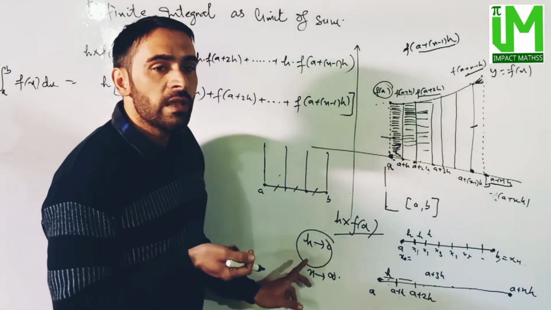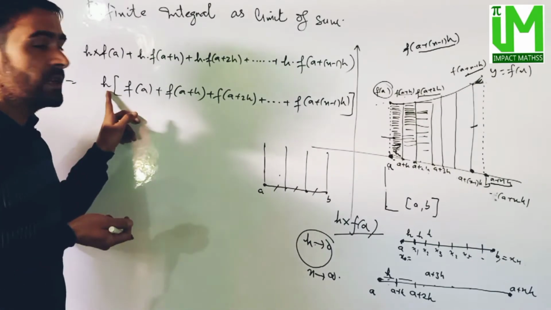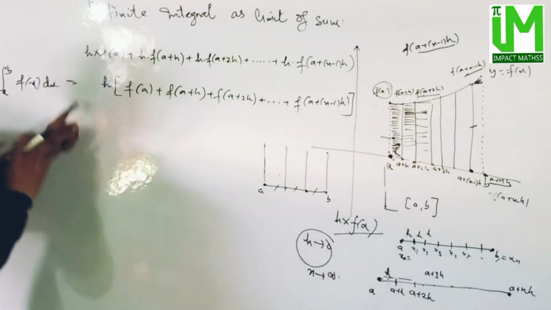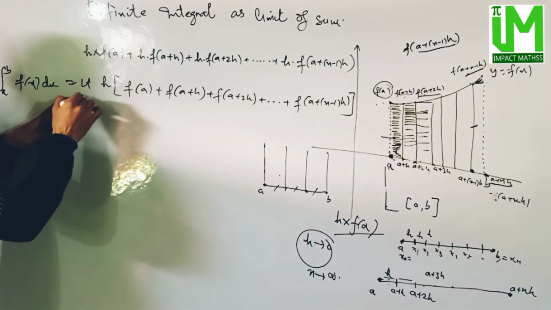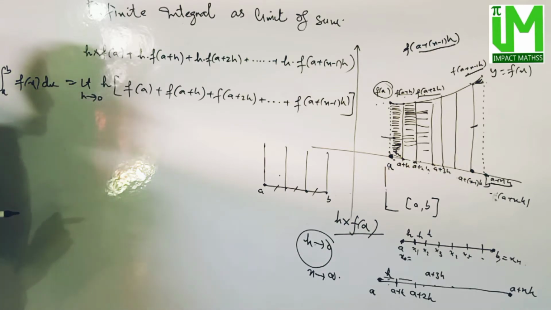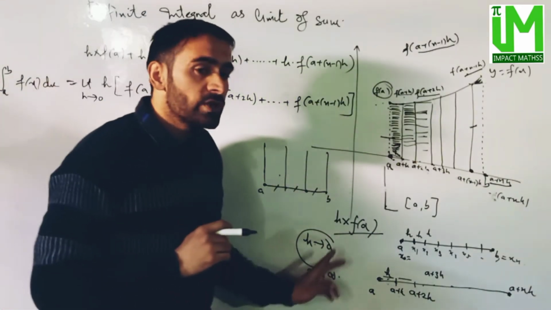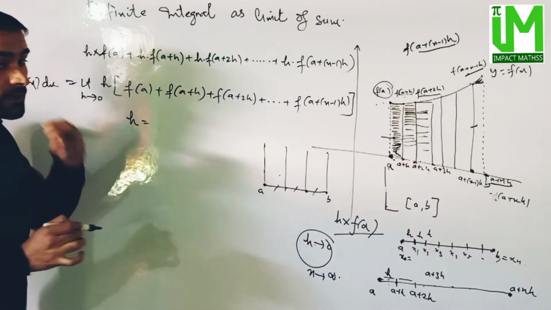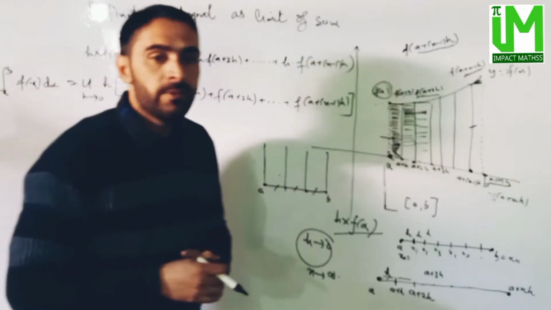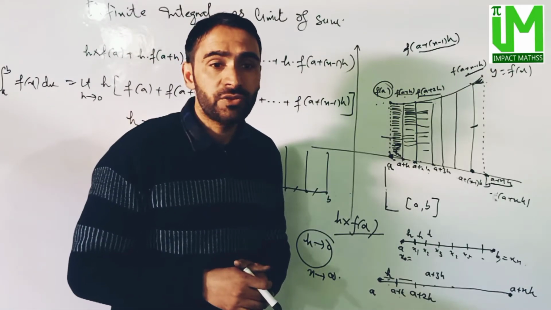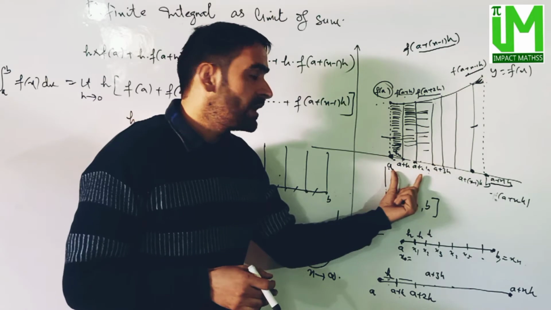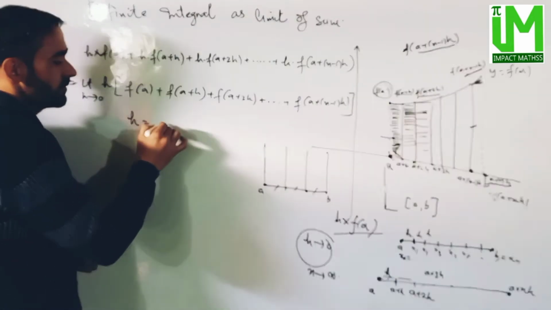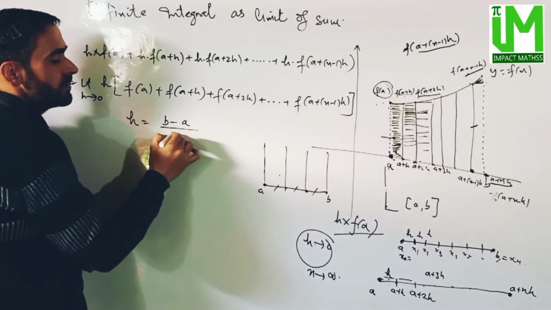Since we are dealing with a function of h, this will be the best approximation when limit h tends to 0. Now, what will be the value of h? h is the interval size. The size of the interval is b minus a divided by n.